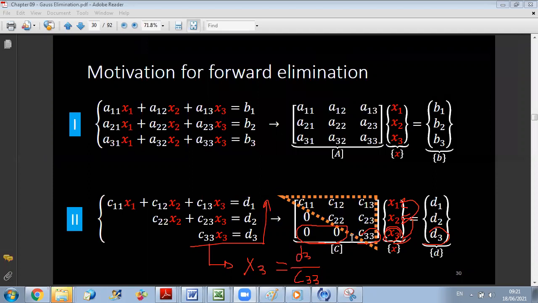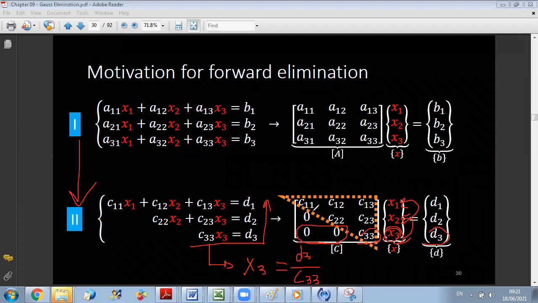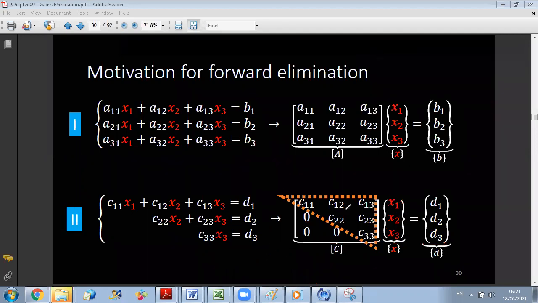So here, what we can deduce is that if we are able to transform this system to a system of this form, having the same solution, then we will be able to compute much faster what x1, x2, x3 are. Now what will be the equivalent second equation? It's 0 times x1 plus c22 times x2 plus c23 times x3 equals d2.